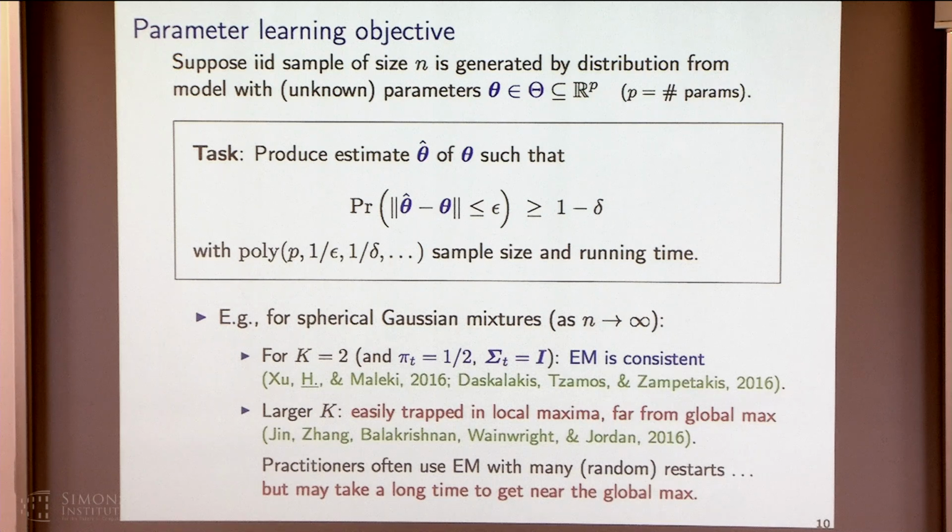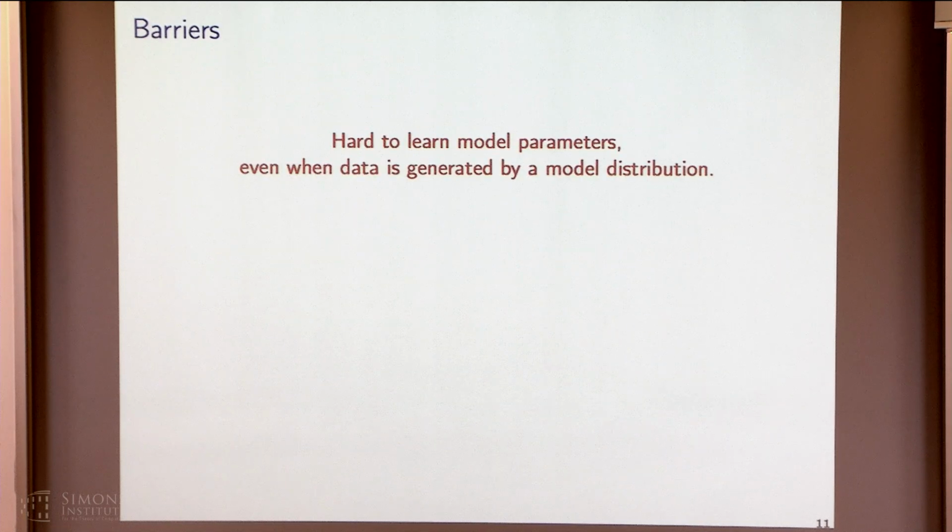Even in this best case scenario where the data really are generated from a distribution in our models, we still would like to provide PAC-style guarantees. And in this case, it can still be hard to do under various assumptions.